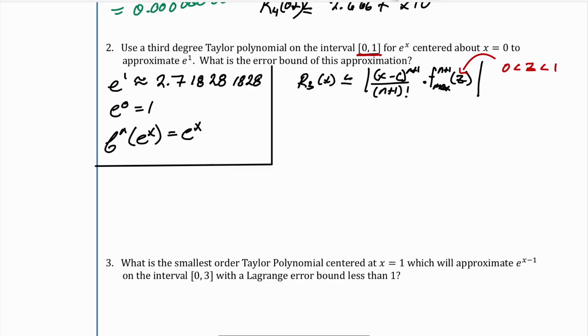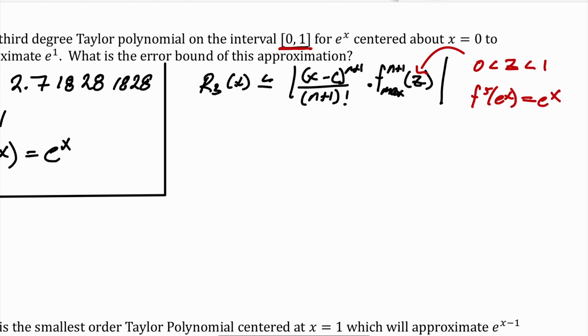Now, our derivative, f to the fifth of e to the x, is equal to e to the x. So you can probably see that the largest value you're allowed to use is 1, so it's just going to be e to the first. So our z value is going to be 1.